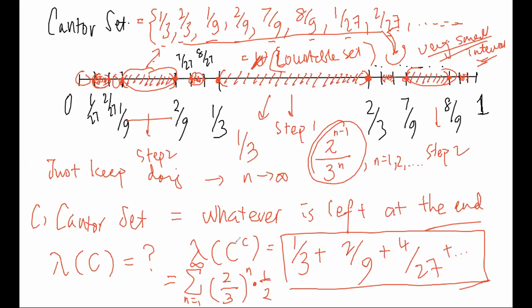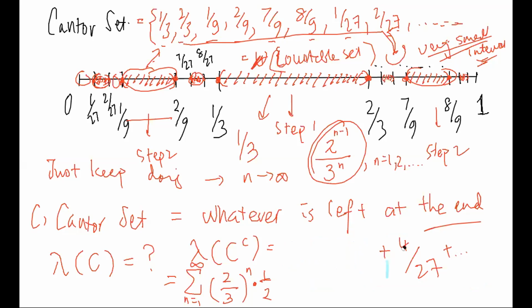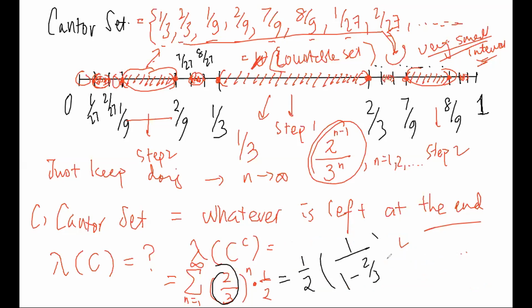This is easy to do if you remember your geometric sum. Take out a common factor 1/2, so this will be 1 over 1 minus the common factor 2/3.